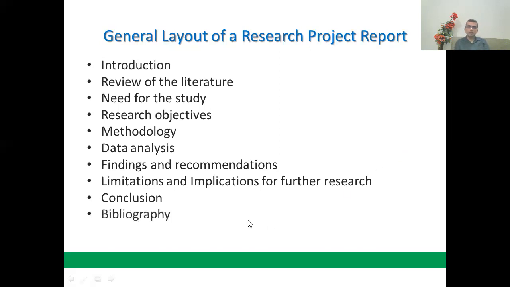After the conclusion, there has to be a bibliography, and in this bibliography, whatever studies someone has referred to in the research project need to be mentioned. Whether somebody has referred to some book, that needs to be listed in the bibliography, or a research report, that also needs to be listed. So this bibliography should include everything which is referred to for the completion of the project.